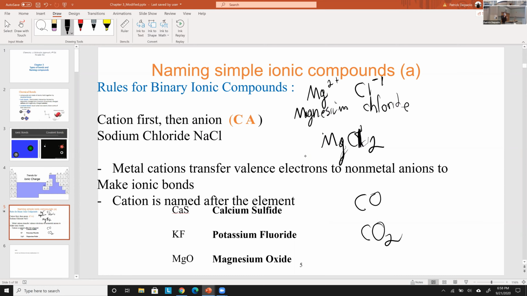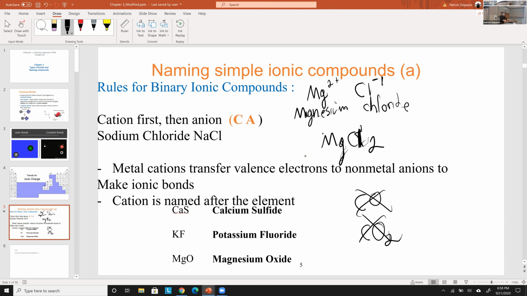Their interactions are based on sharing of electrons. So you would need the prefixes: carbon monoxide, carbon dioxide. That's where those come in. That's for covalent. Does that make sense?